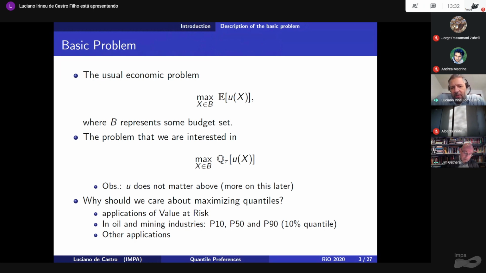You have the basic economic problem of maximizing the expected utility of an asset that's a random variable that you can buy, that's in some set.